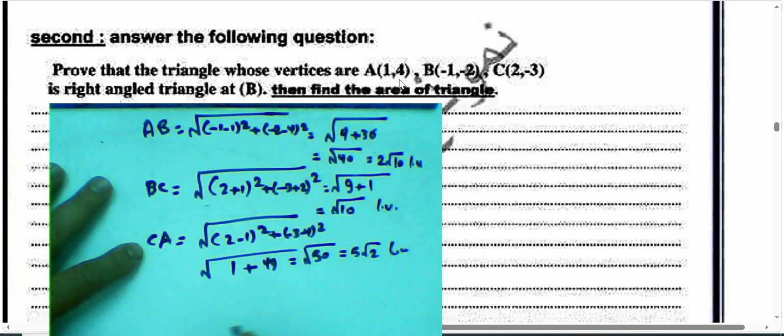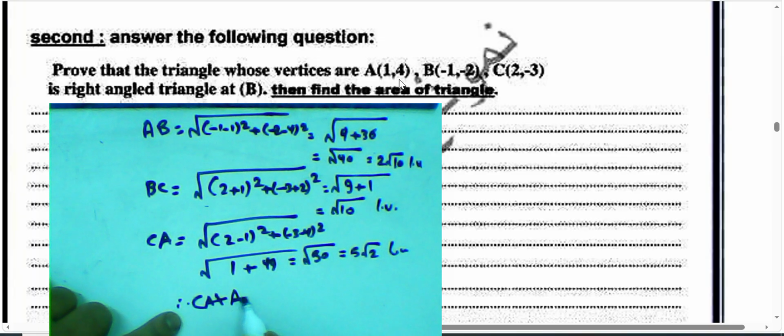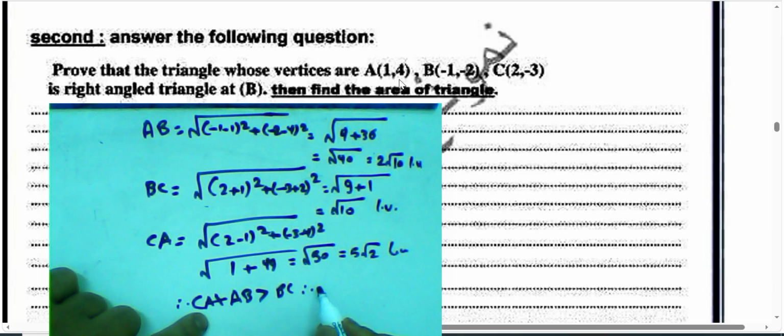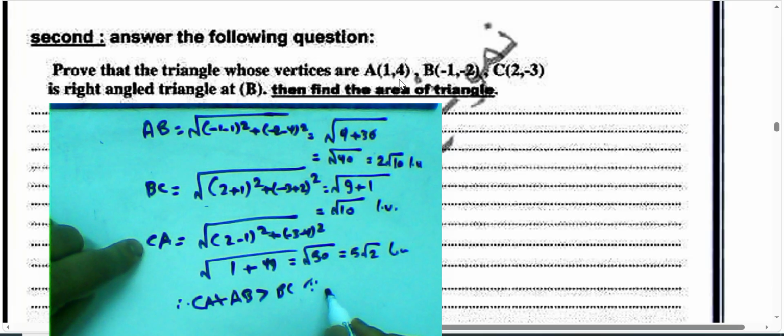On the longest side CA, we know the sum of two sides is greater than the third. We can write CA plus AB is greater than BC. You must write this property to prove that 3 points are the vertices of a triangle. Then we have the longest side AC power 2 equivalent to AB power 2 plus BC power 2.